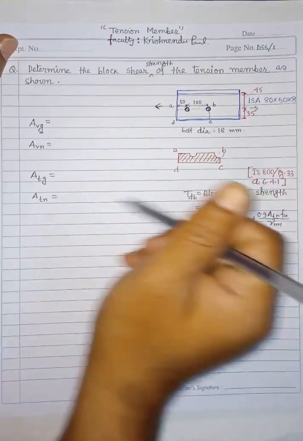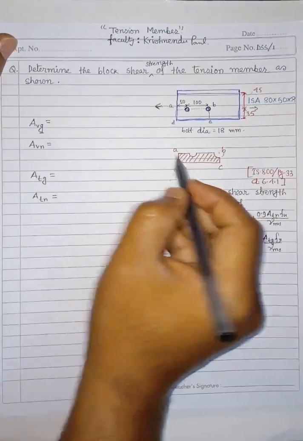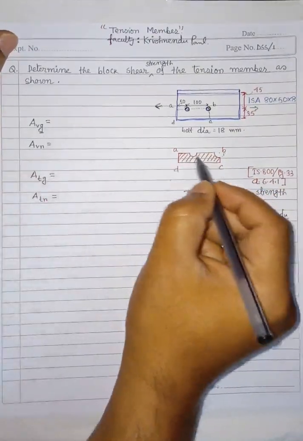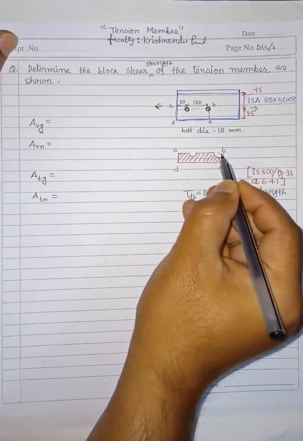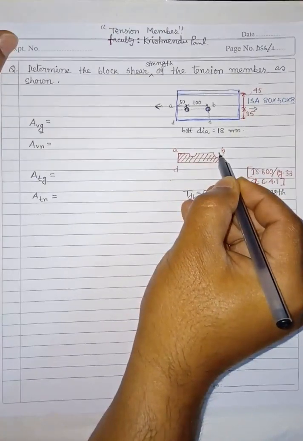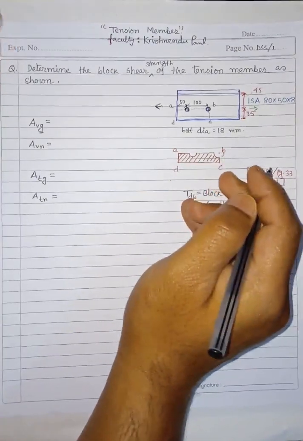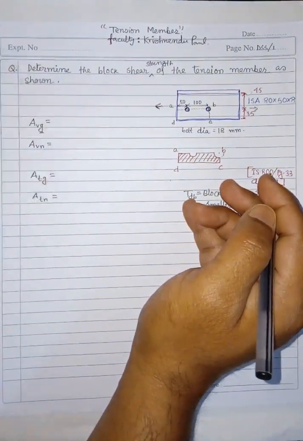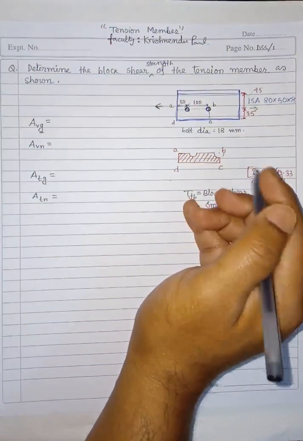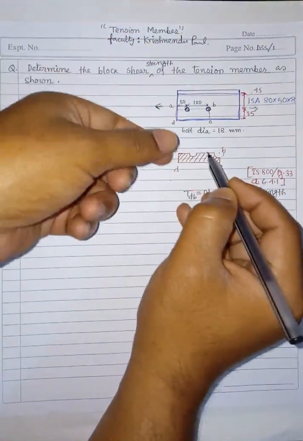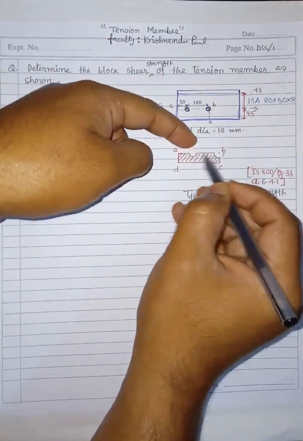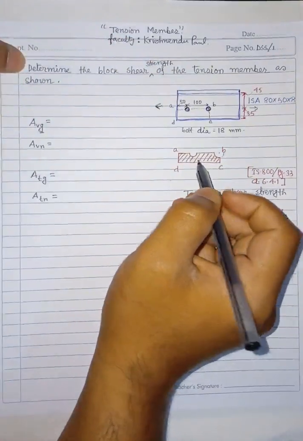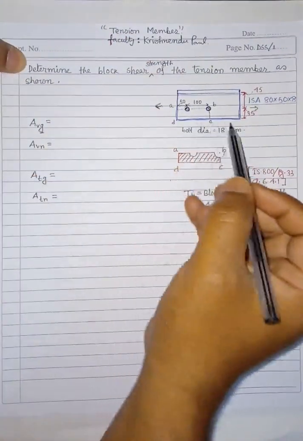So what we can do, we can find the total length from this point to this point, into the thickness of this small element or block, so you have to multiply that also to find the face area on this face. So look at this figure.